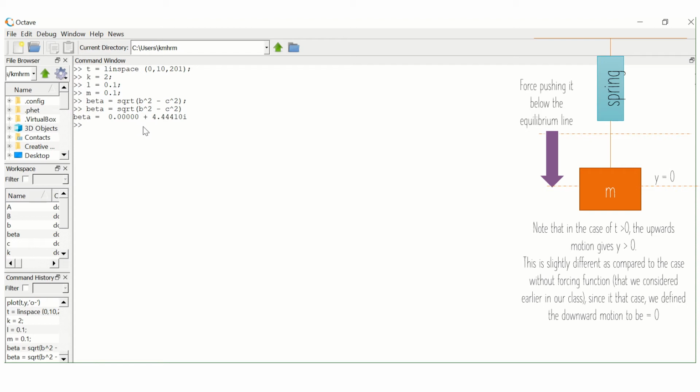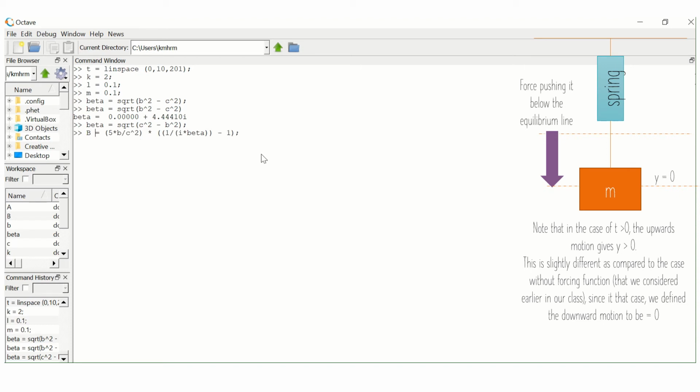So let us revert back. Beta equals c squared minus b squared, because this is the value that we are going to use in the plot. Right. So now we have convinced ourselves that this is underdamped motion, and what we need to do now is calculate. Next, we have to calculate what beta is.